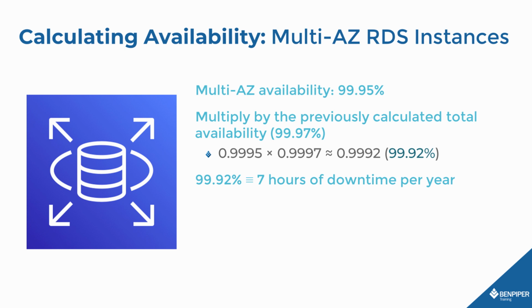The database is a hard dependency, so we need to multiply this number, 99.95%, by the number we came up with a moment ago, 99.97%, and we get 99.92%, which is almost exactly 7 hours of downtime per year. That is right on target. We need our application to be available 99.9% of the time, and we're beating that with an availability of 99.92%.